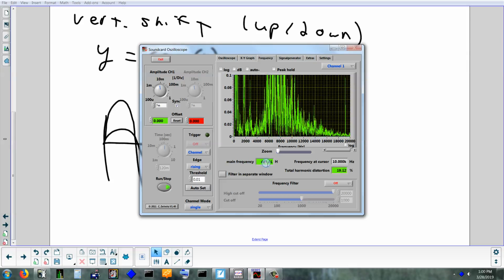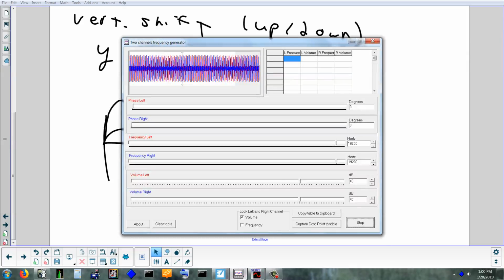It said 19.2 kilohertz, because that's exactly the frequency I've been playing the whole time. 19,200 hertz.